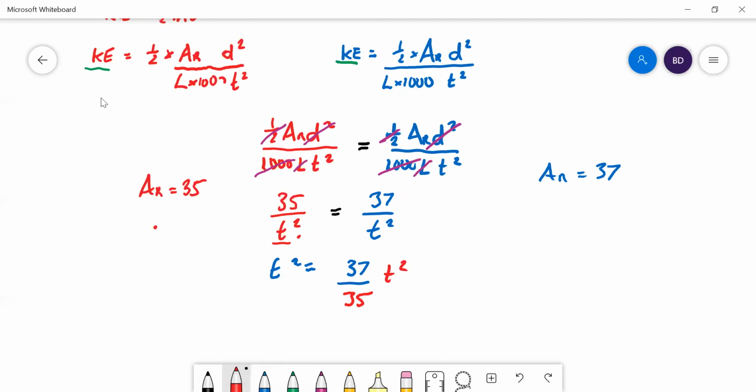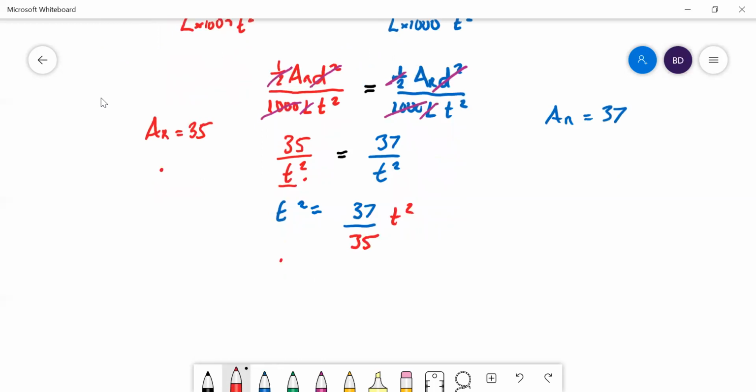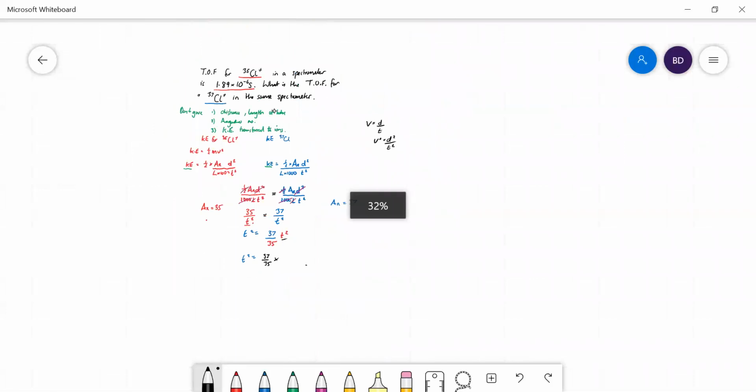So put the numbers in now. The time of flight squared for the 37 is equal to 37 over 35 multiplied by, what was this red t? Look at the start of the question. What did it say it was? It said it was 1.89 times 10 to the minus 6.